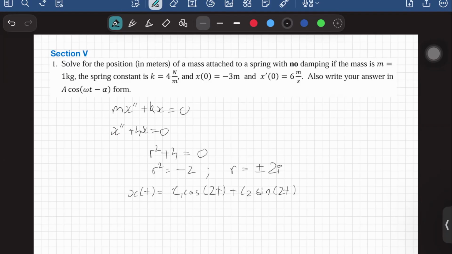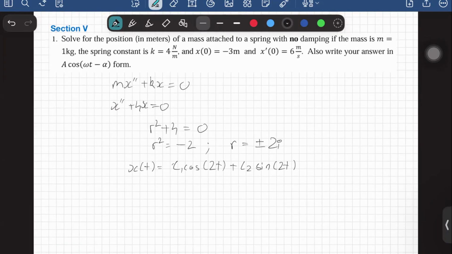And if you look over here, there are initial conditions given to us: x at 0 is negative 3, and x prime at 0 is positive 6.